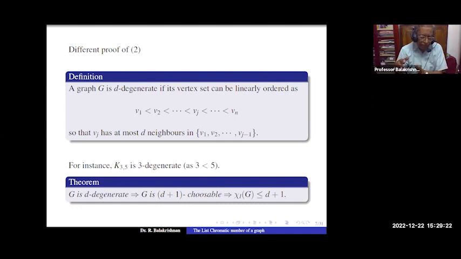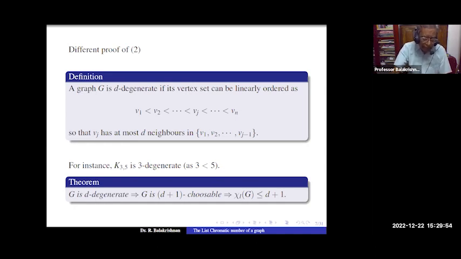Because it's a complete bipartite graph, v4 is adjacent to all the 3 vertices on the left. Similarly, v5 and v6 are adjacent to the same 3 vertices, and so also v7 and v8. That means you can order the vertices v1, v2, ..., v8 so that for any vertex, the number of adjacent vertices on the left is 3 or less. Therefore, the bipartite graph K_{3,5} is 3-degenerate.